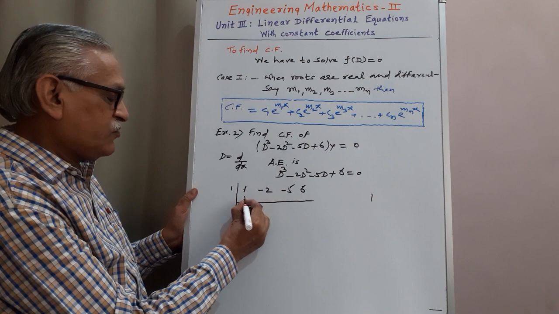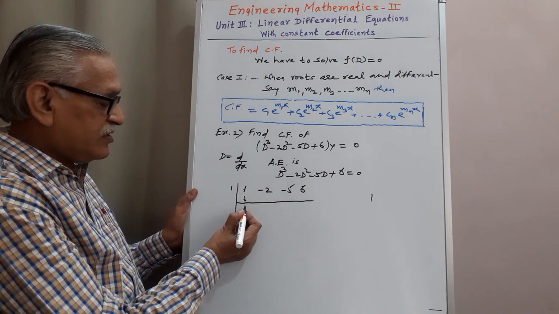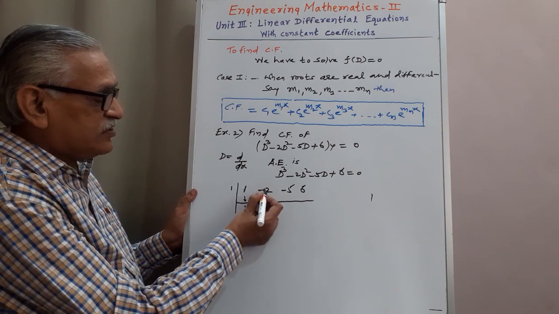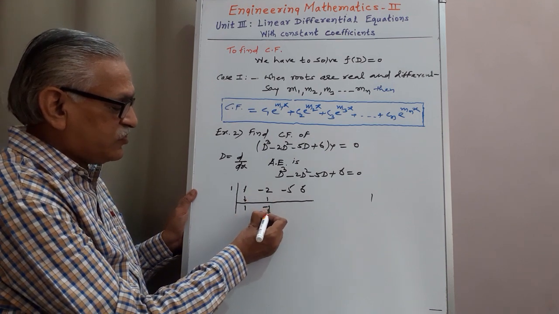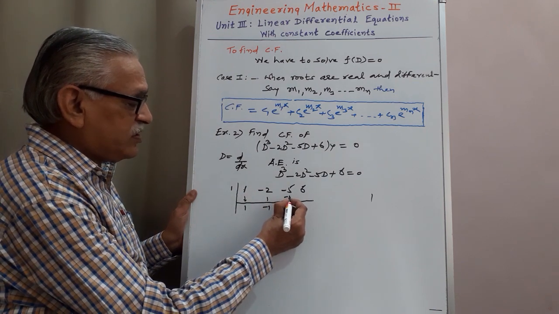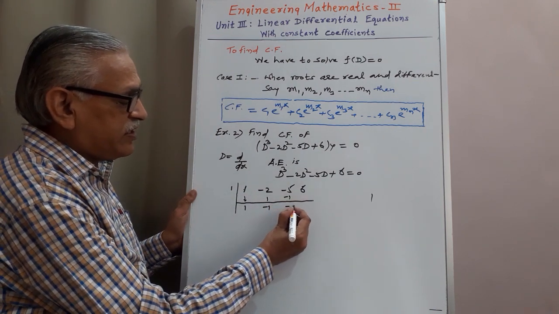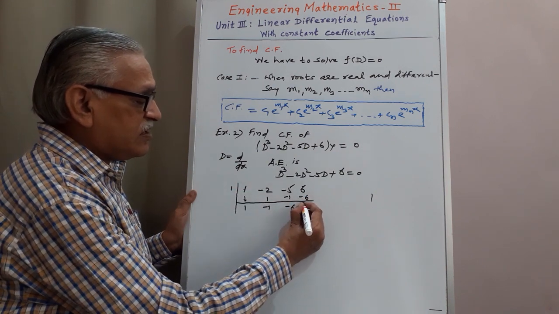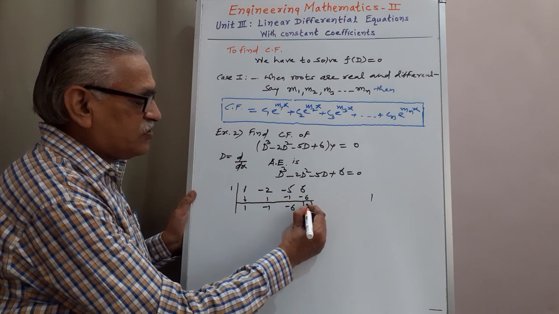Therefore we take this 1 as it is. Product of these two we write here, that product is 1. Sum of these two is minus 1. Product with this 1 is minus 1. Sum is minus 6. Minus 6 into 1 we get minus 6, and we get last sum as 0.